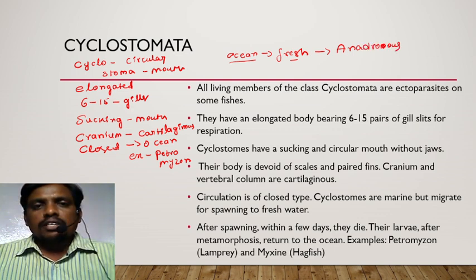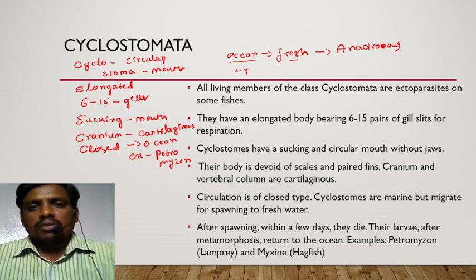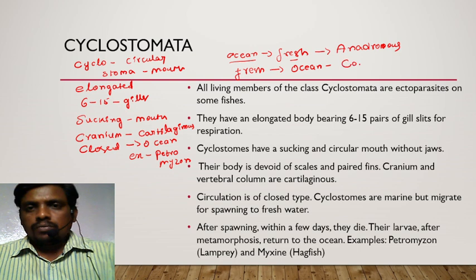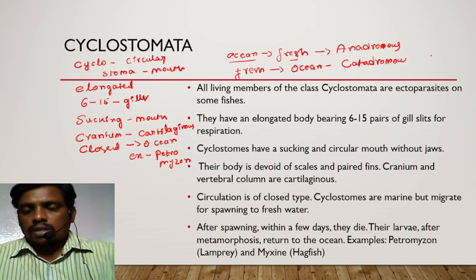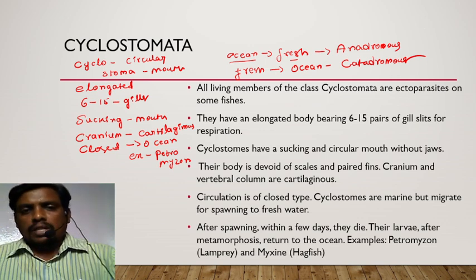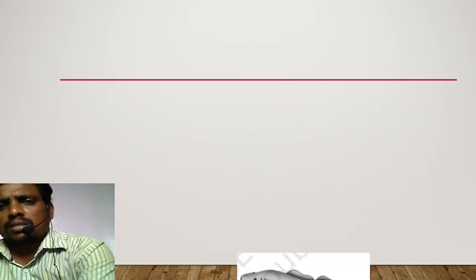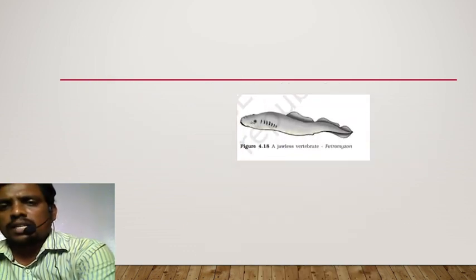If the larva, after metamorphosis, migrates from fresh water to ocean water, this kind of migration is called catadromous migration. So examples: Petromyzon, lamprey fish, and Myxine, hagfish. Commonly, these two examples will be given.